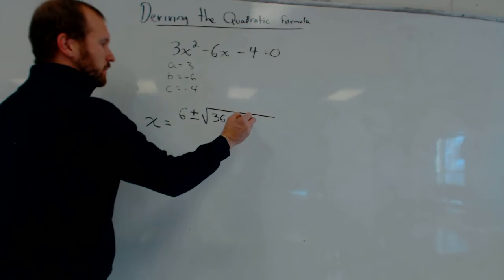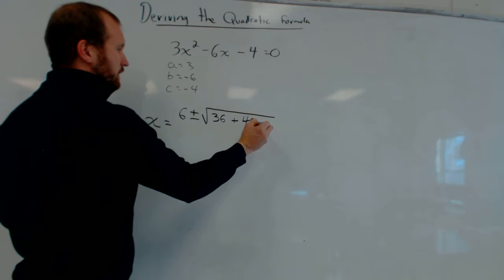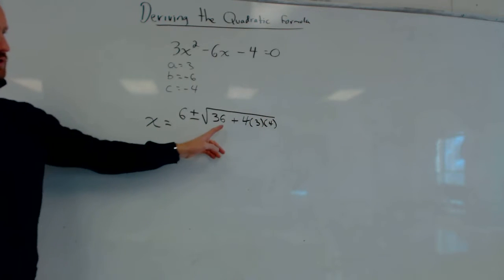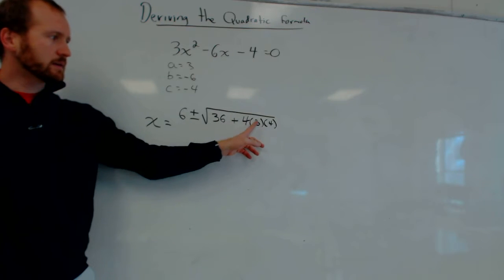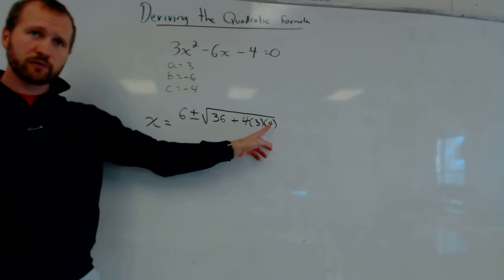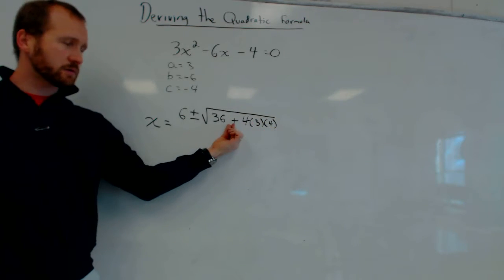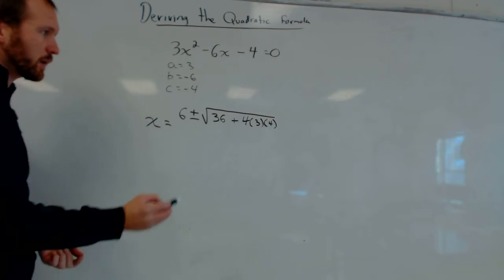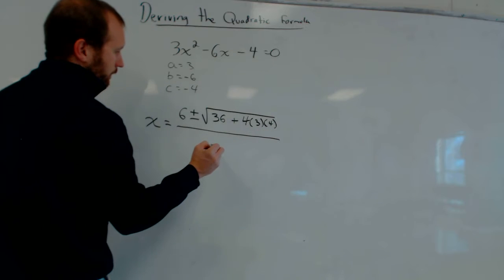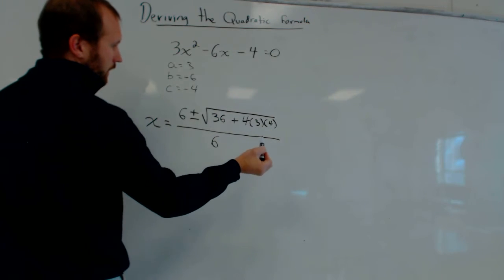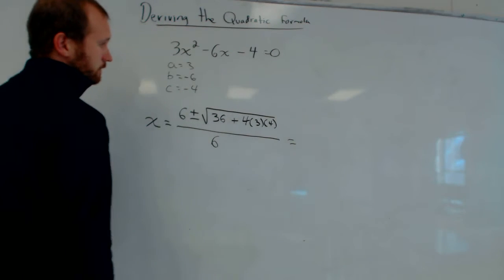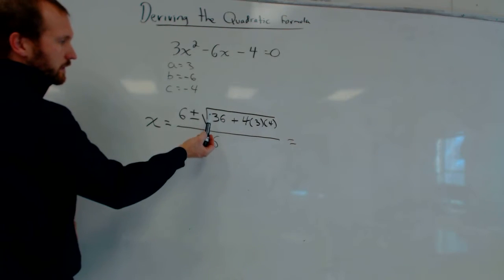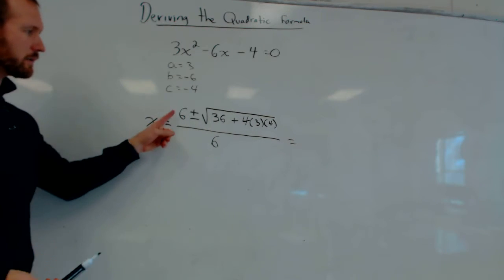So what we have here is plus 4 times 3 times 4. So this is kind of a shortcut. Instead of having minus and then negative 4, I just combine those right away. I like to try to notice that as I'm writing it down. Okay, all over what? 6. All right. Equals. So first we're going to simplify this. Can I cross out this 6 and this 6?